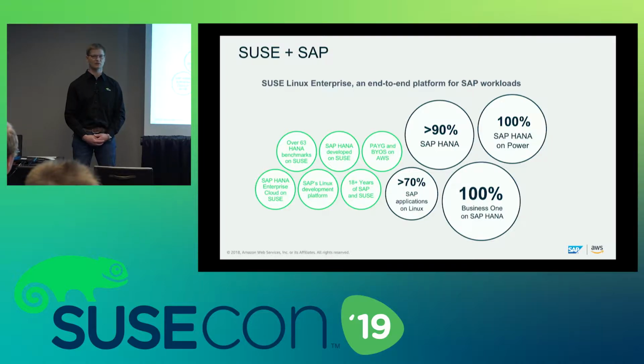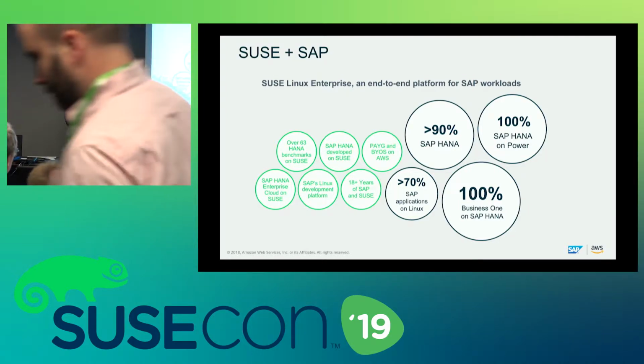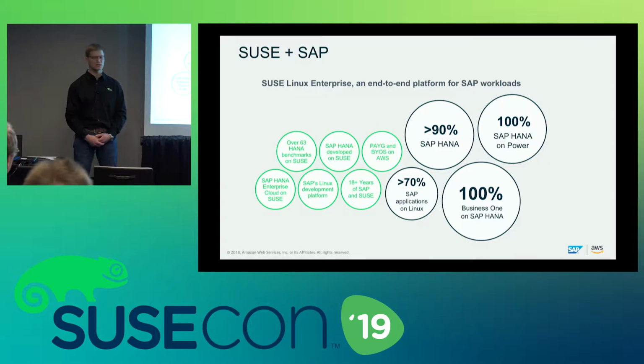They have built their own product, SAP Cloud Platform, based on SUSE Linux Enterprise Server and SUSE OpenStack Cloud. For SAP HANA, SUSE Linux Enterprise Server was the first operating system which was certified. 100% of all SAP Business One appliances based on HANA run on SUSE only.